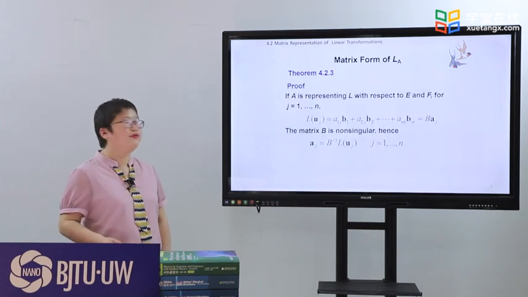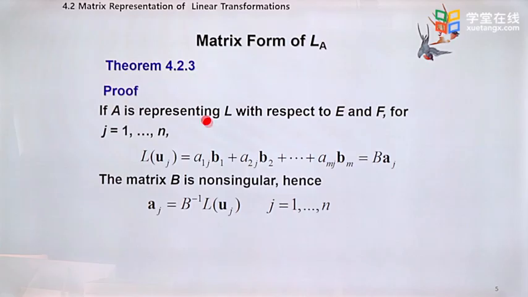Now we see the proof. If A is representing L with respect to E and F, then for j varies from 1 to n, we have L(Uj) equals A1j times B1 plus A2j times B2 plus till plus Amj times Bm.